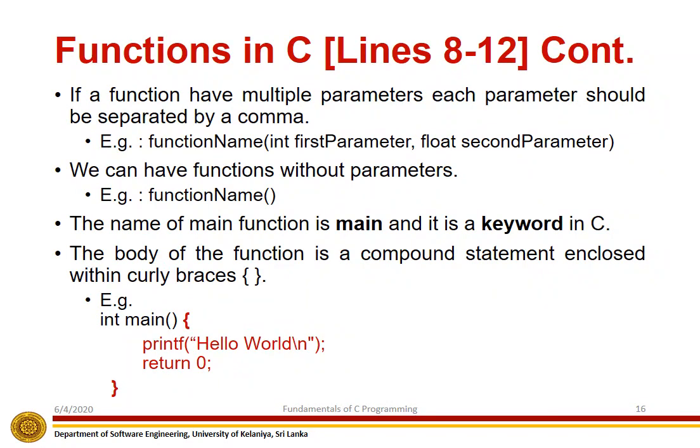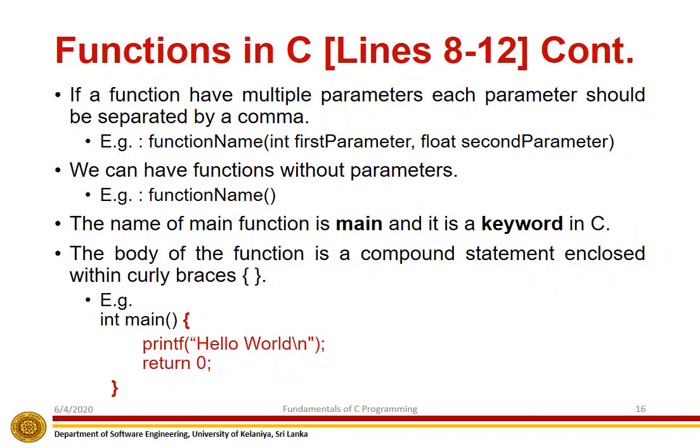We can write functions without parameters, like our hello world printing example: function name, then parentheses. But you must put parentheses after the name even if you don't have parameters to pass. The name of the main function is main, and it is a keyword in C, and it has to be in simple letters.